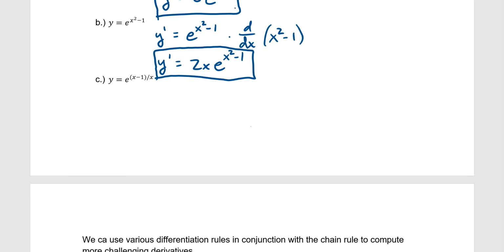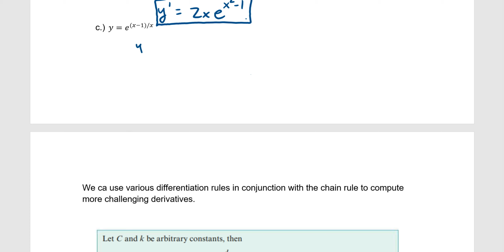All right, next one, we have y equals e to the x minus 1 divided by x. So that's going to be y prime equals, we rewrite it, times the derivative of the exponent. And the derivative of the exponent here is actually quotient rule. I'm going to do that on the side just so I don't run out of room.